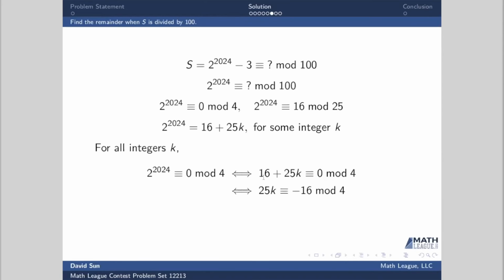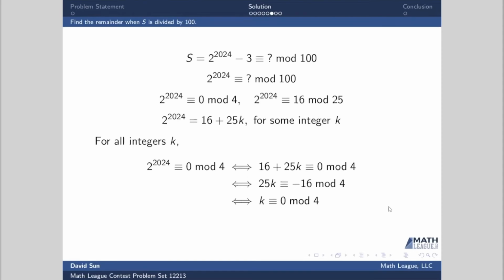In other words, we can rewrite this equivalence using what we know about modular arithmetic. So for example, there are some multiples of 4 on this left-hand side. We can move the 16 over and take out multiples of 4 from both sides. We can take out a 24k, which is 4 times 6k, a multiple of 4, and we can add 16 to this right-hand side.